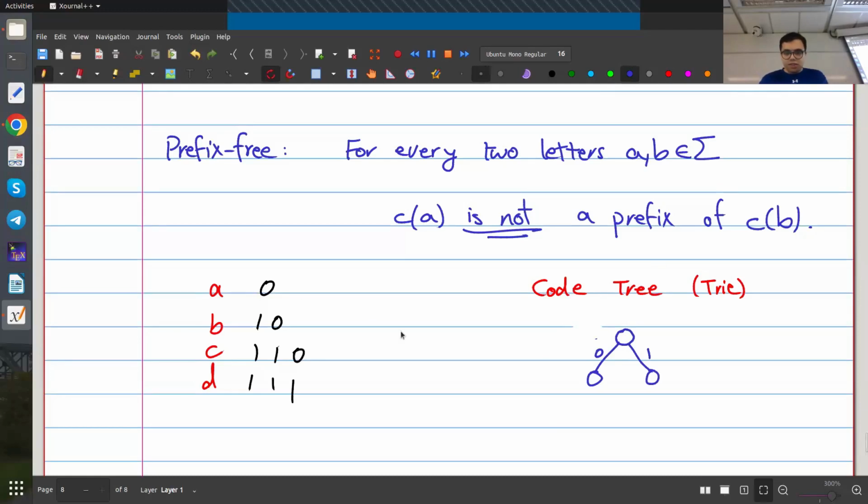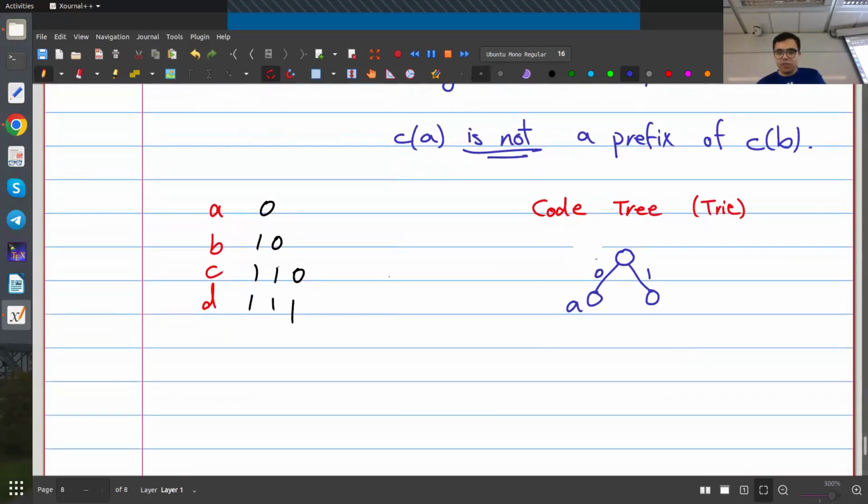So here the code of A is just this leaf. I'm starting from here, doing 0, that gives me A. B is 1, 0, so B is like 1 and then 0. This is the code of B. C is 1, 1, 0. So I start from here, 1, then another 1, and then a 0.